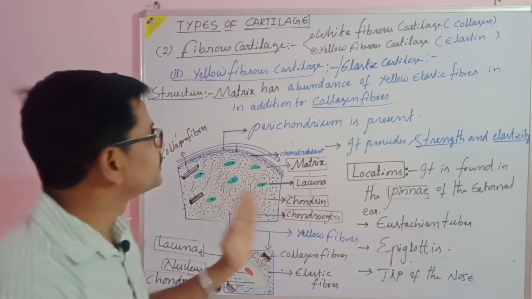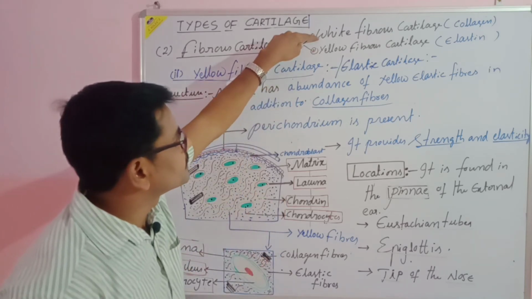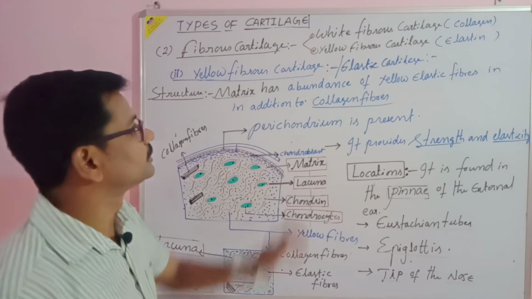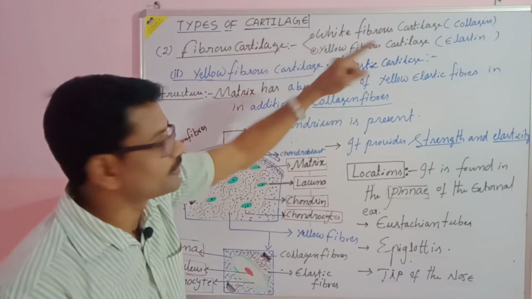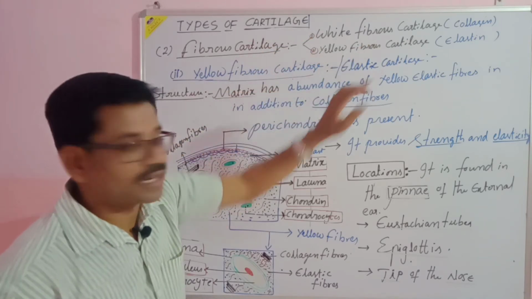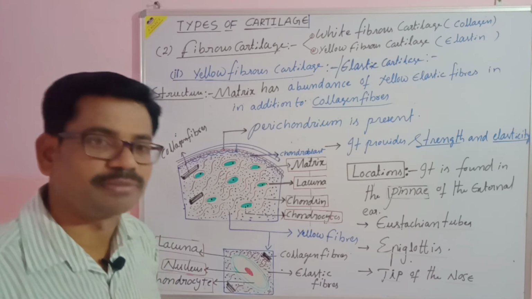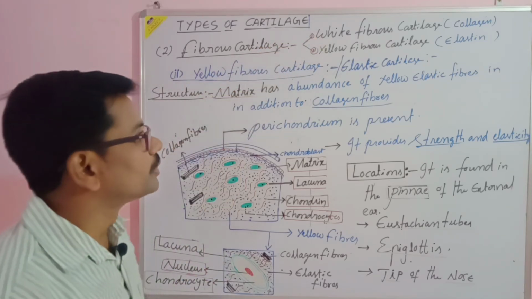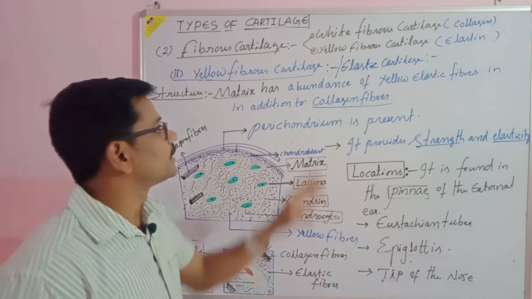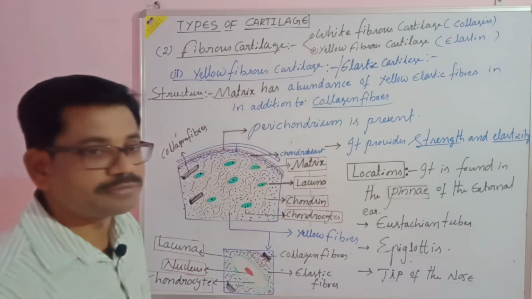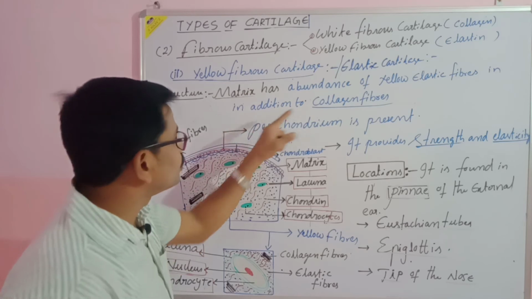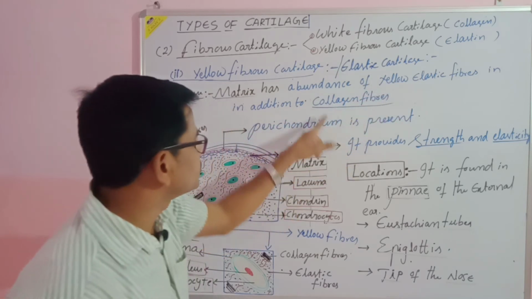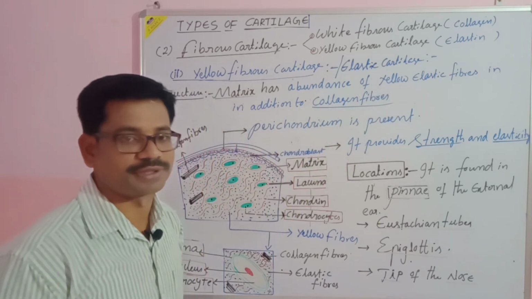So what is the difference between white fibrous cartilage and yellow fibrous cartilage? White fibrous cartilage is made up of collagen. Yellow fibrous cartilage is made up of elastin. That's the main important point. White fibrous cartilage is made up only of collagen fibers. Yellow fibrous cartilage is made up not only of yellow elastic fibers, but collagen fibers are also present.